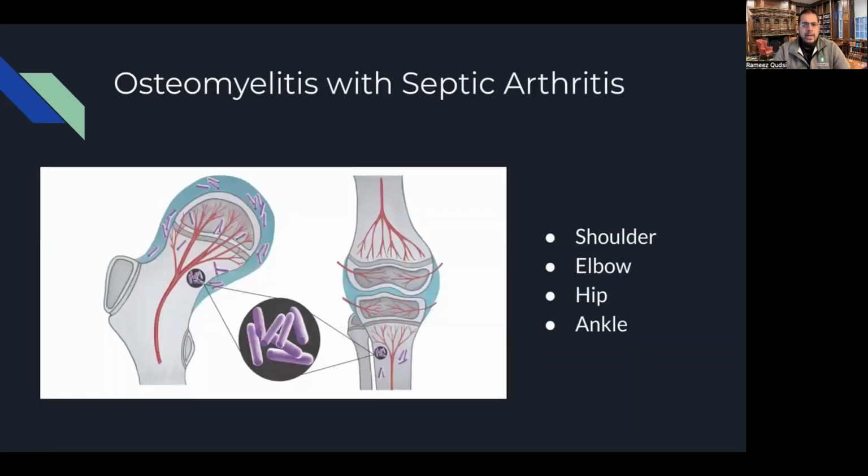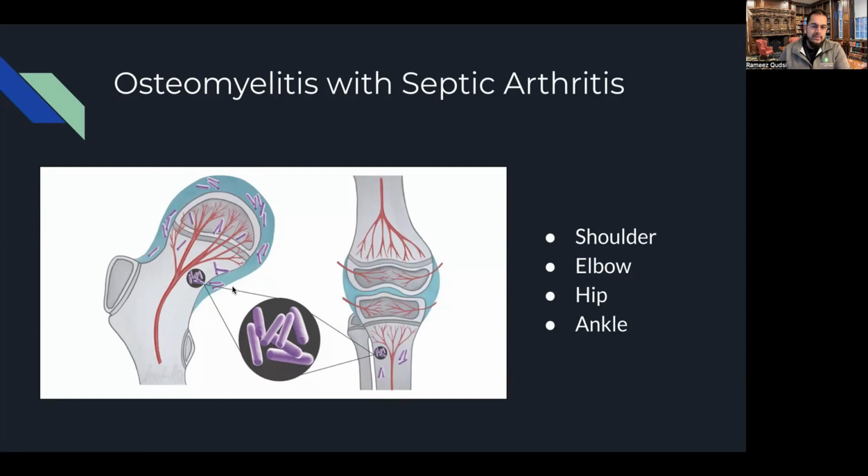So I want to talk about why, again, in some joints, this idea of osteomyelitis with septic arthritis is relevant. In specific joints, as a review, the capsule itself includes the metaphysis of the joint. As we look at the hip here, this sort of cartoon drawing is showing how the capsule comes down into the metaphysis.